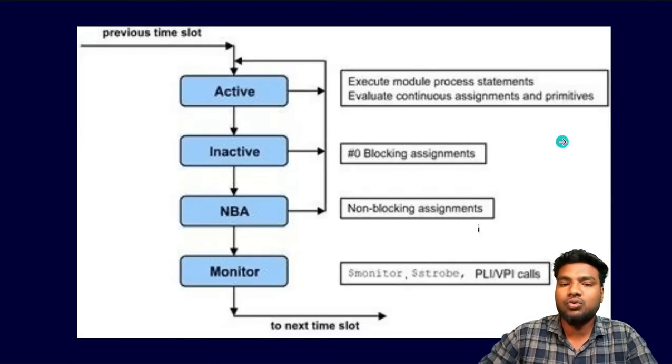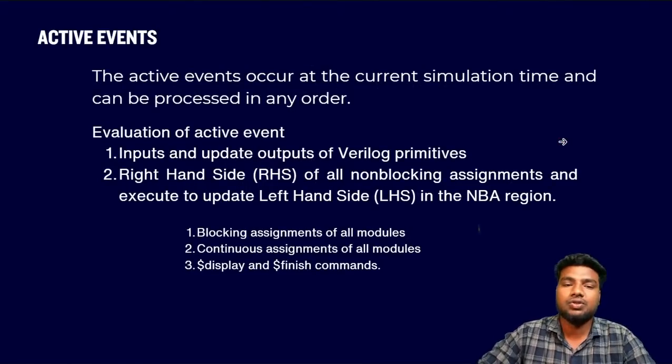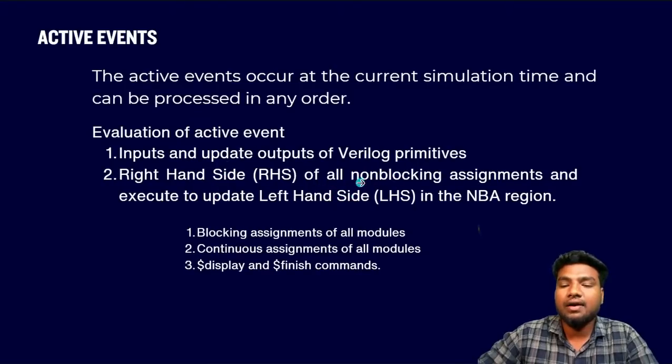So let's move to what the active region is. Active events occur at the current simulation time and can be processed in any order. It will do the computation of RHS for the non-blocking assignment, and then input and update the output Verilog primitives.